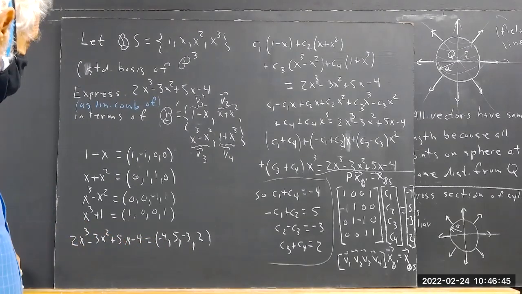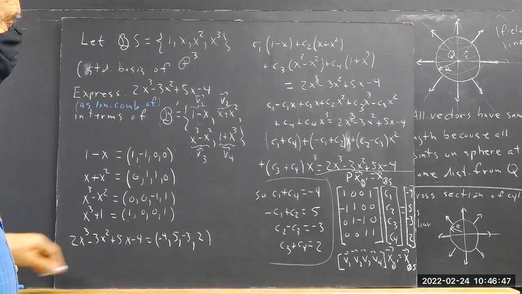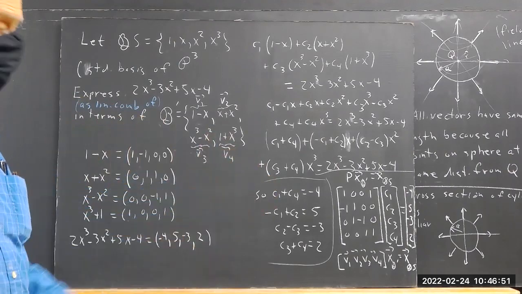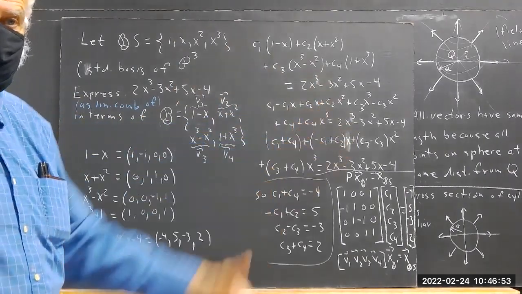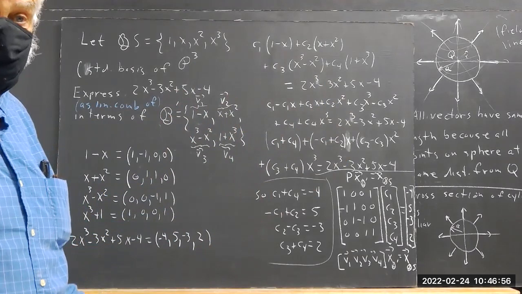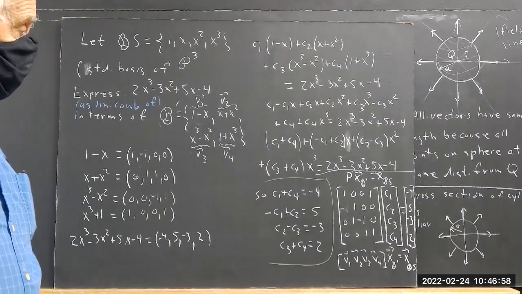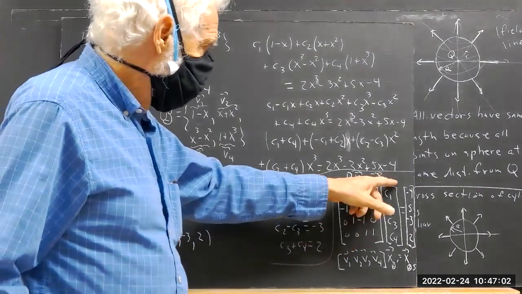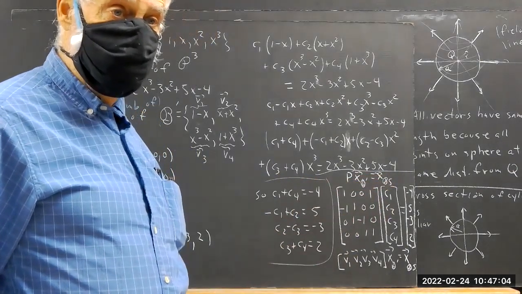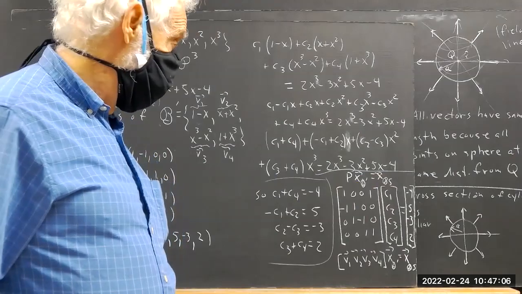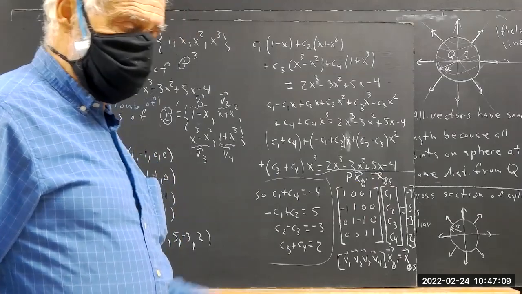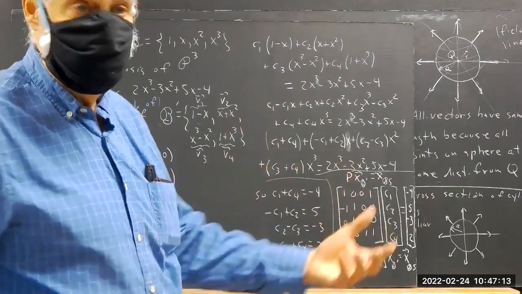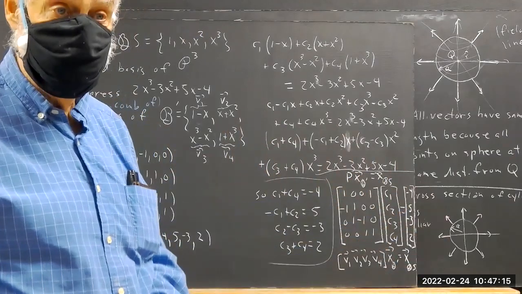Your book also tells you that you don't necessarily have to invert the matrix. You can set up an augmented matrix with the P matrix and the identity matrix and reduce it, and that gives you your inverse. And if you have a non-standard basis over here and a non-standard basis over here, then you can put one basis here and the other basis here and reduce to the identity, and you get the matrix that connects those two bases.